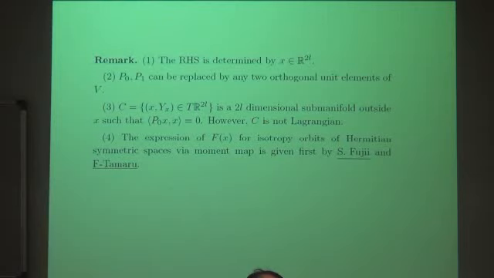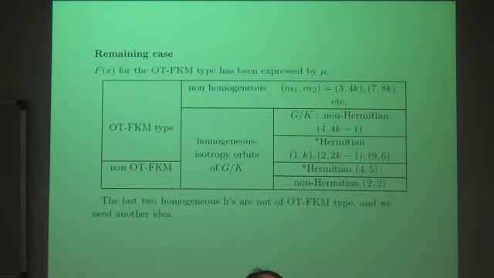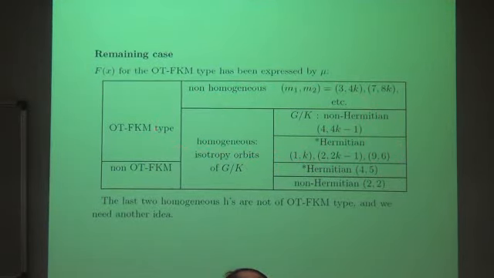However, usually a symmetric space has no symplectic structure, so we need to use the tangent bundle. So this Hermitian symmetric space case was done by Fujii and Tamaru, all the cases. However, these cases, including non-homogeneous cases, I give the expression now.